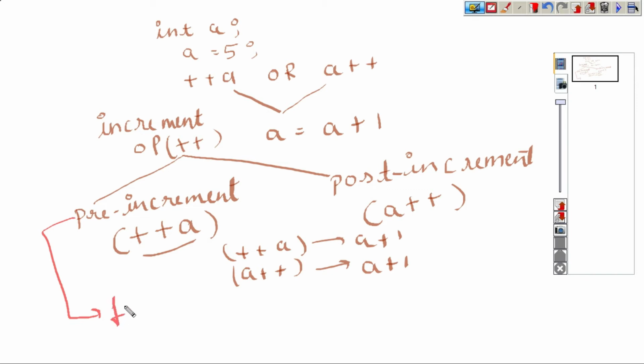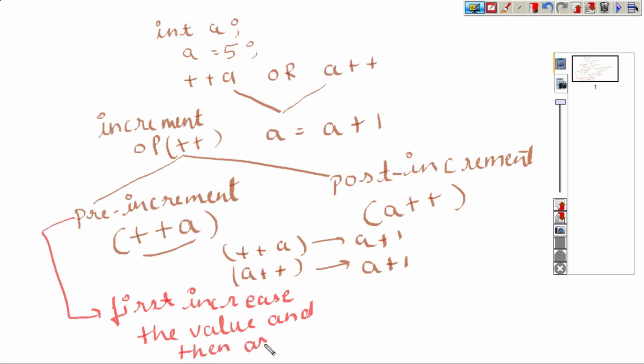Pre-increment first increases the value and then assigns it to the variable.